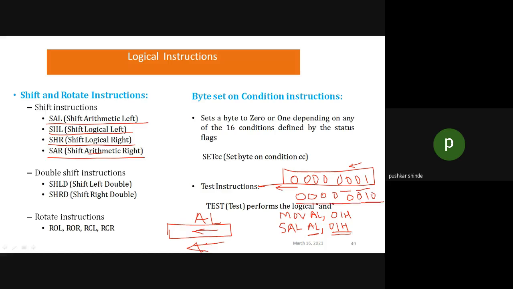AL will contain 2 after SAL AL, 0 1 H, because 1 has shifted by 1 bit to the left as the second operand is 1. If the shift count had been 2, this would have gone here and this would have become 0. Depending on what is given as the second operand, that many times it is shifted.